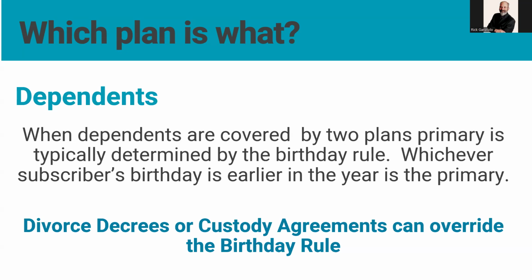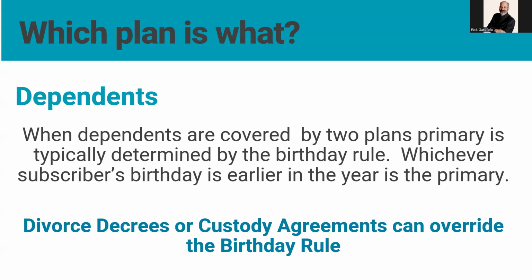Now, a divorce decree or a custody agreement could override the birthday rule. But I will tell you, I don't get involved in custody agreements and I do not get involved in divorce decrees. That is between the parents, that is between the spouses, that is between you and your ex. It has nothing to do with me.